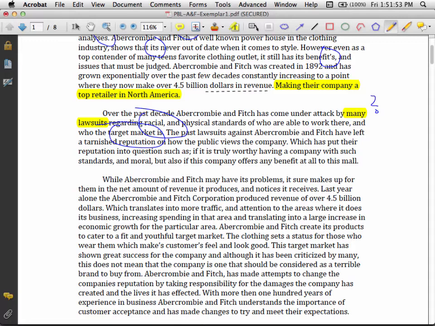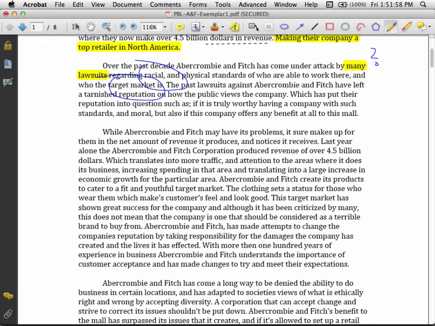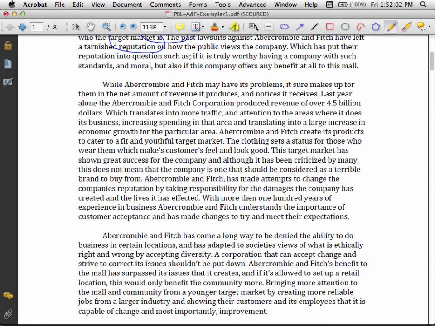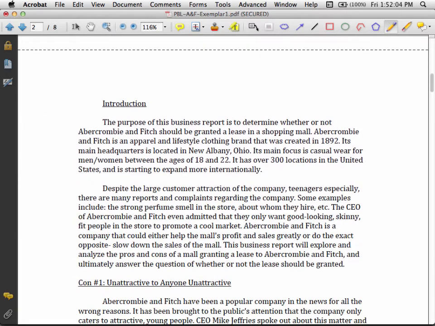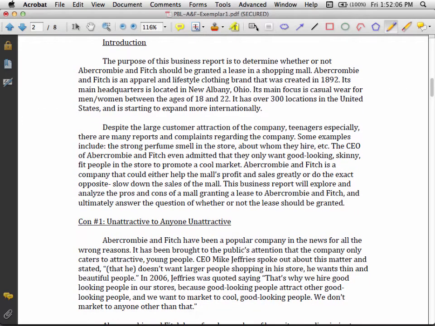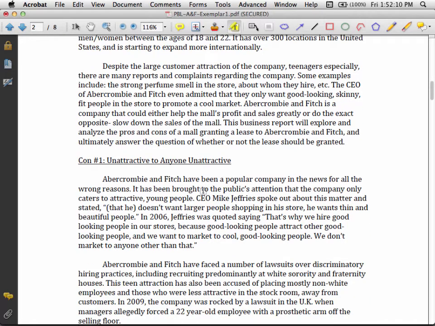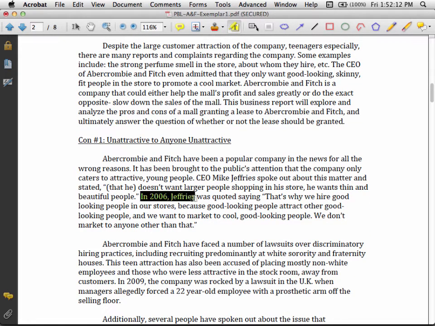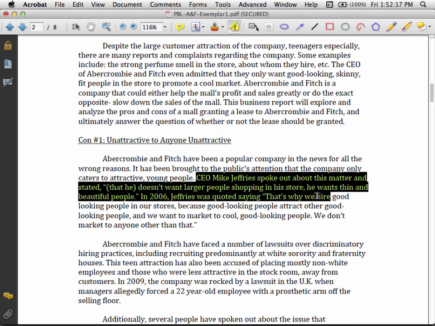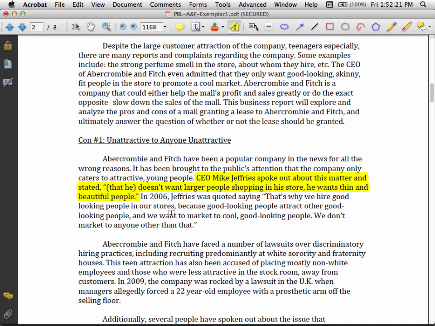Right, you can read the rest of this work on your own. Let's see, we'll keep going down. Page number 2. Okay, so we have the Chief Executive Officer, Mike Jeffries, right? He just wants thin and beautiful people in his stores.